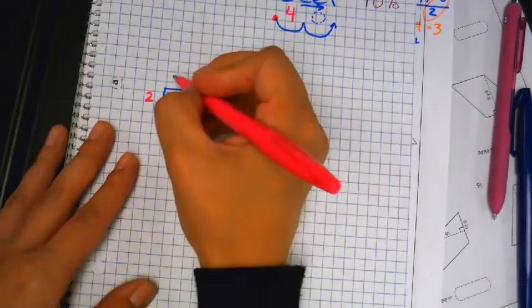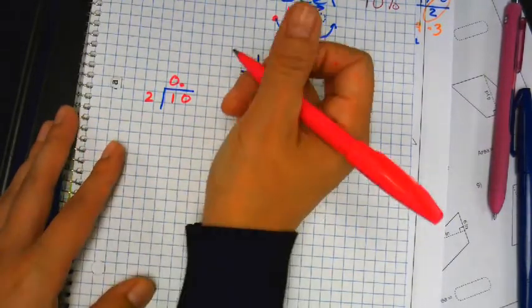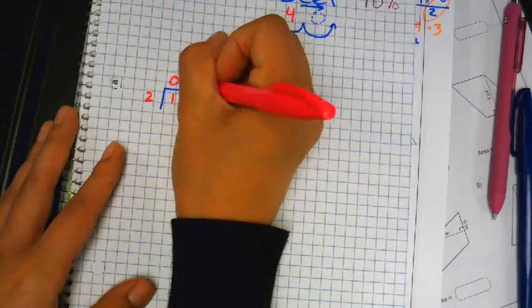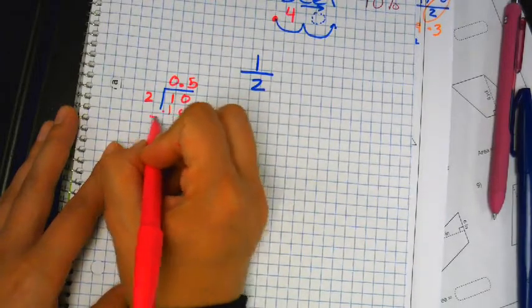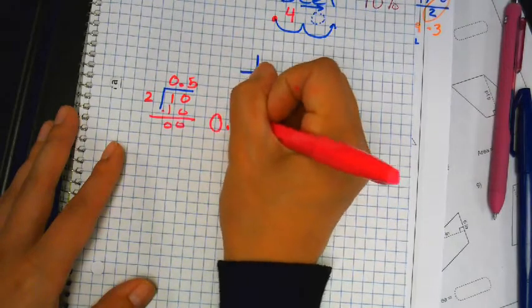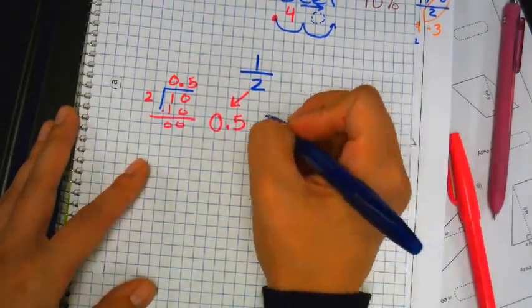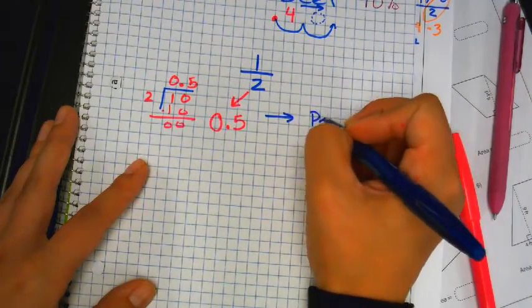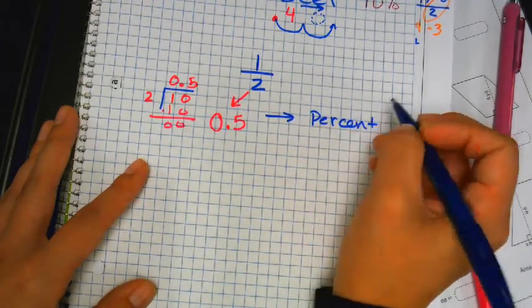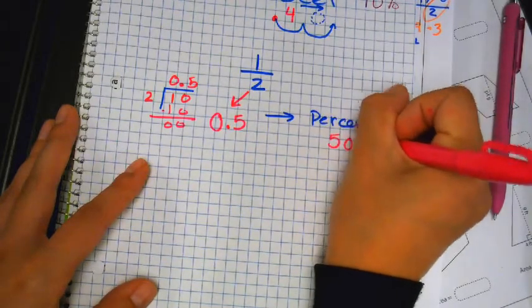If we don't know, 0. How many times does 2 go into 10? 5. So that gives me 10, 0, 0. So my decimal is 0.5. So if my decimal is 0.5, what is my percent? Good. I'm glad you guys did not say 5%.